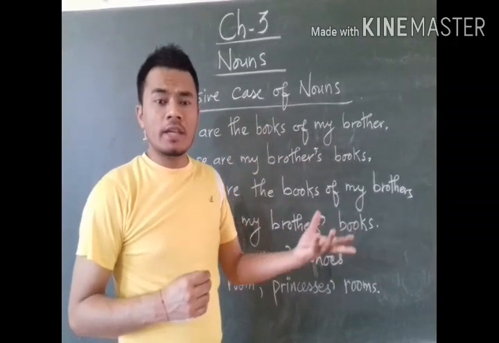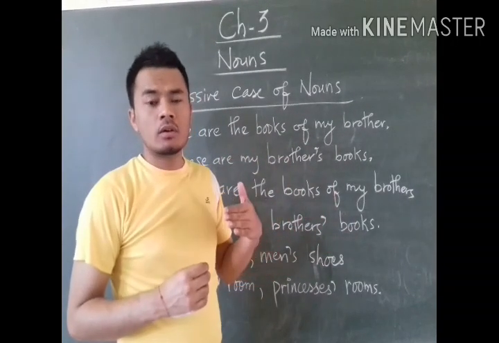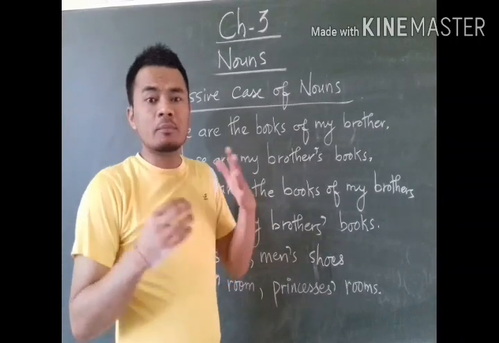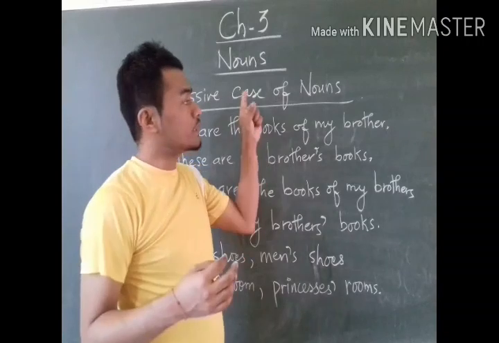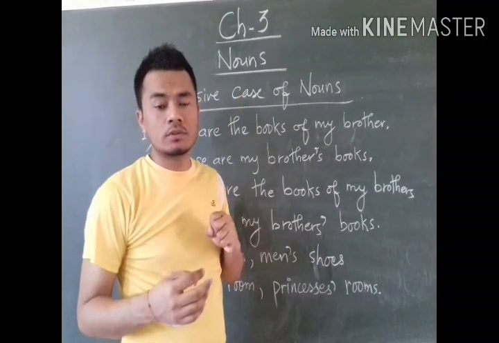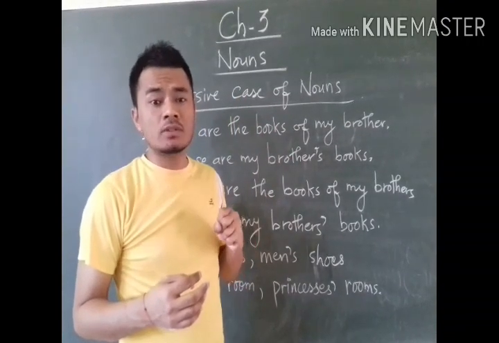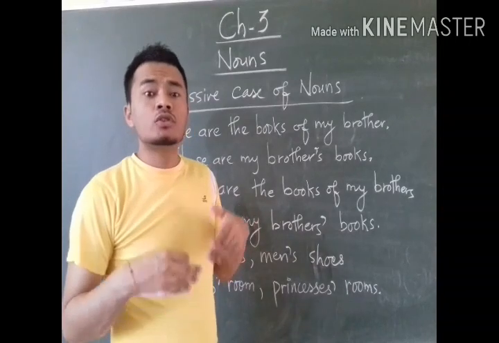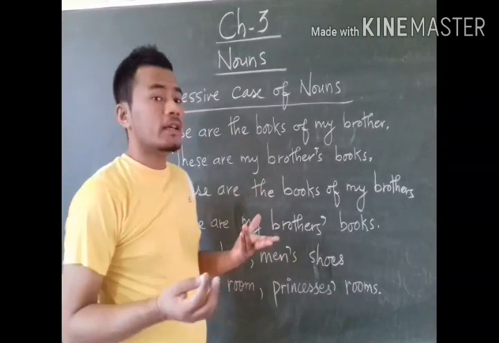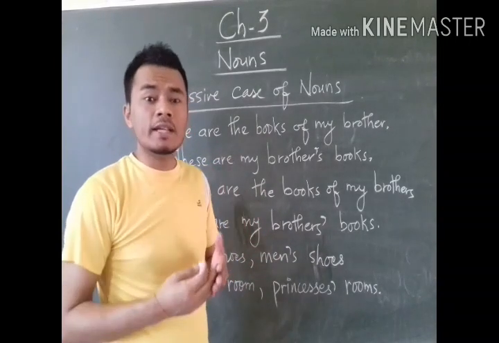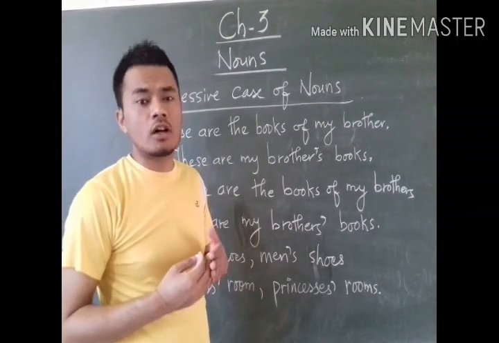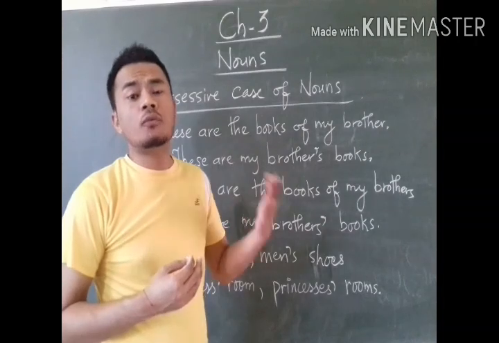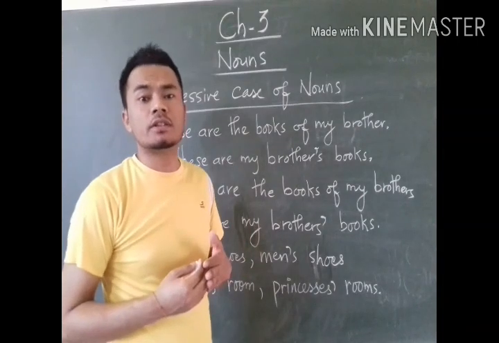If that belonging is shown in some case, that case is called the possessive case of nouns. The possessive case of nouns is shown by using an apostrophe with the nouns of which we are showing the possession.